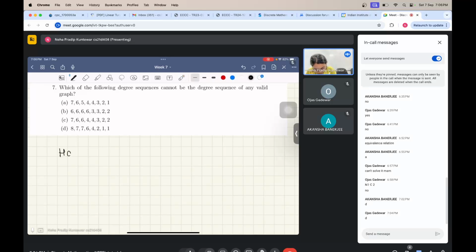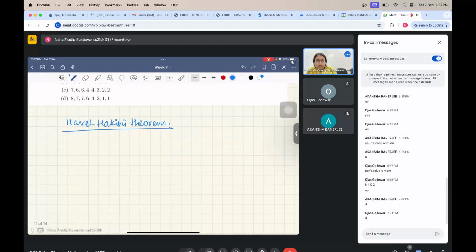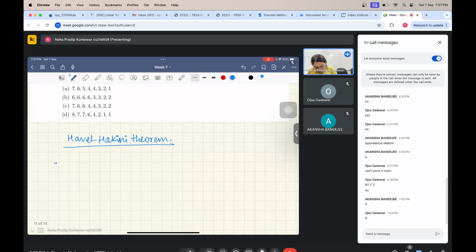Okay. So what you did is you applied the Havel-Hakimi theorem, which says that, okay, maybe we will do this with an example. I'll not define this in general, but let's look at a degree sequence which is 6 5 7 6 5 4 4 3 2 1.